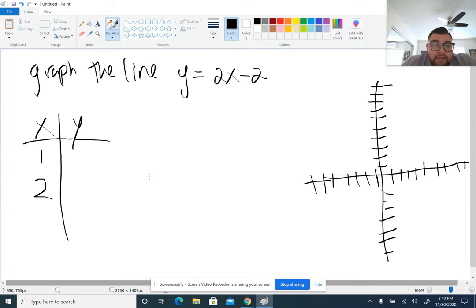The next step is to substitute each of these values inside of this equation. And we're going to do them one at a time. We don't do them at the same time. We are first going to substitute 1 inside of this equation and see what the y value is. And then we're going to substitute 2 inside of this equation to see what that y value is.